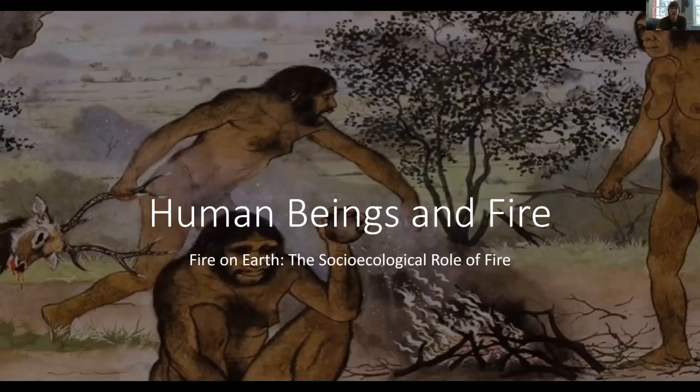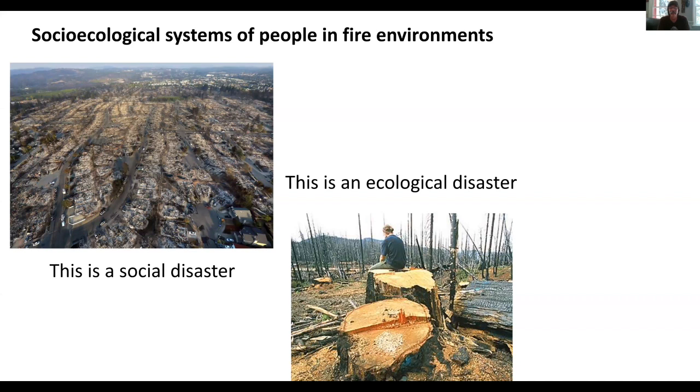So let's remind ourselves of our species' unique relationship with fire. And again, this is looking holistically at one system. Typically, people look at the upper left and say, well, that's a social disaster. In our view, it's an ecological disaster.